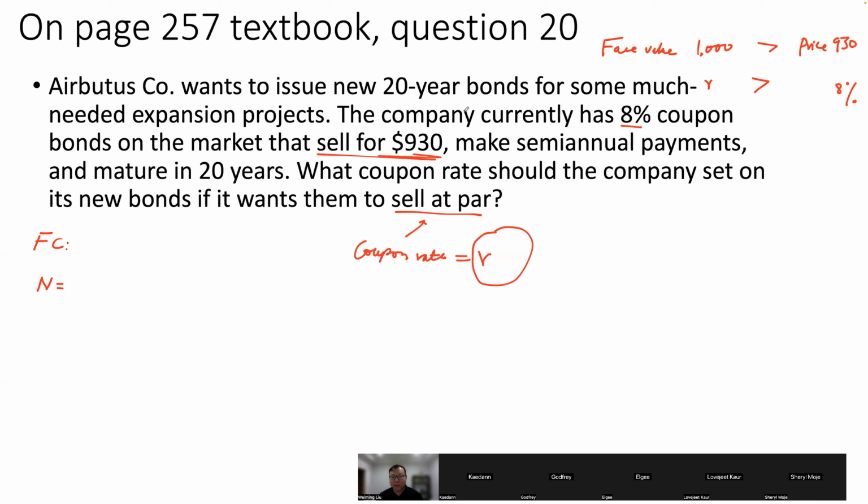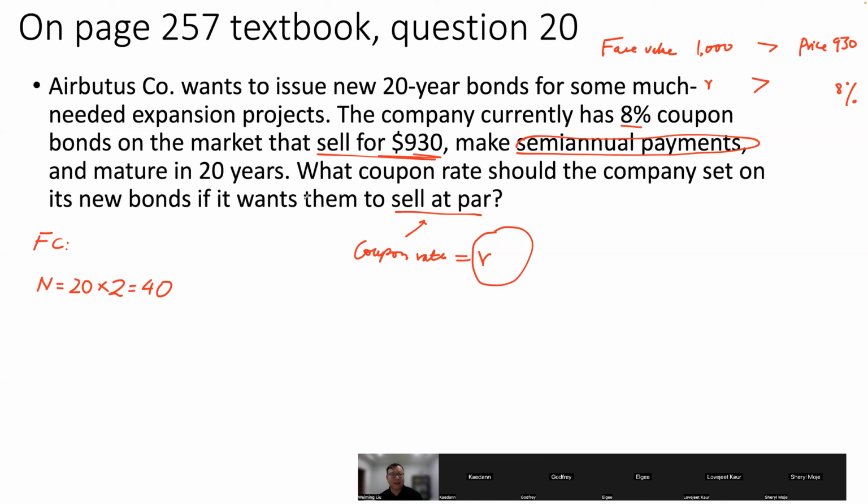So pay attention to the compounding situation. Semi-annual payments, so they are semi-annually compounded. N equals 20 years, and each year times 2. This is the number of payments based on semi-annual payments for 20 years.